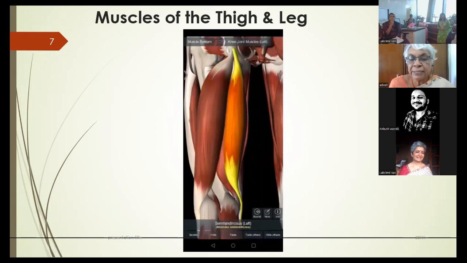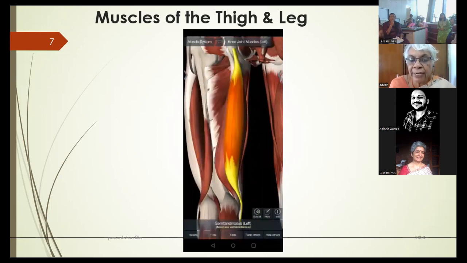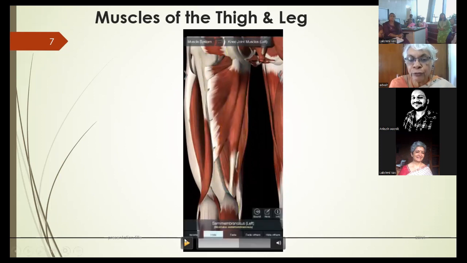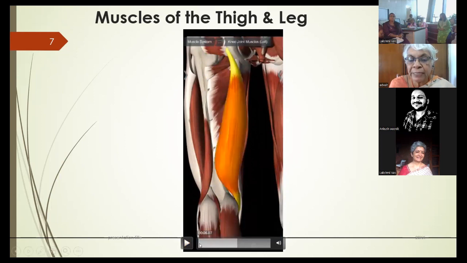The biceps femoris, the semitendinosus. This is the biceps femoris long head. Again, semitendinosus, and this is the semimembranosus. This is what you want to see? Lakshmi?